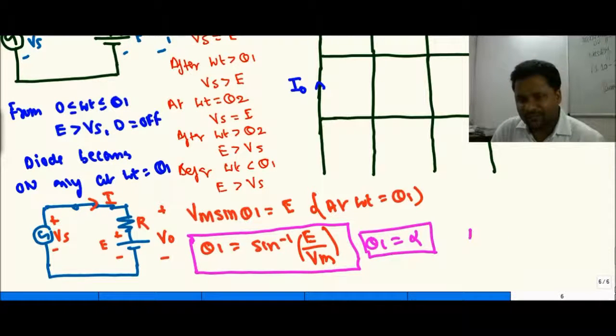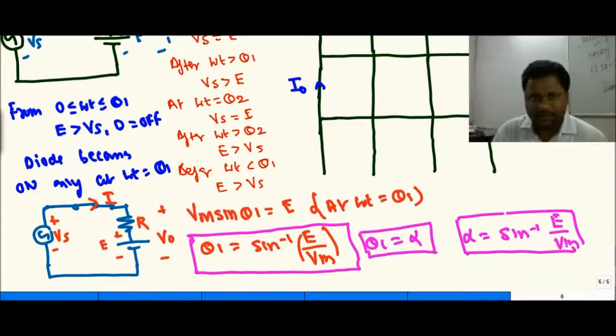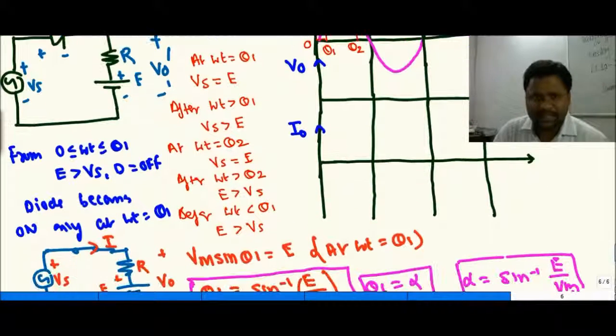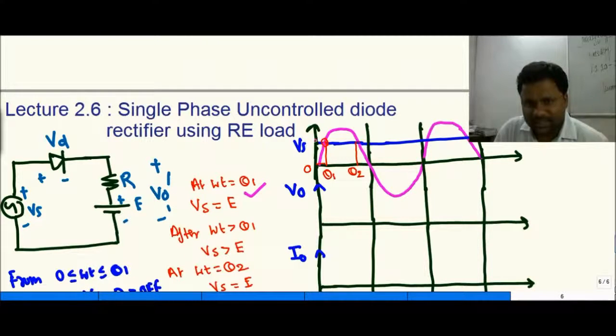Alpha equals sin inverse E by Vm, and alpha is the angle when the diode starts conducting. So the diode is conducting at omega t equals theta 1, and from this section onward the diode is continuously on.